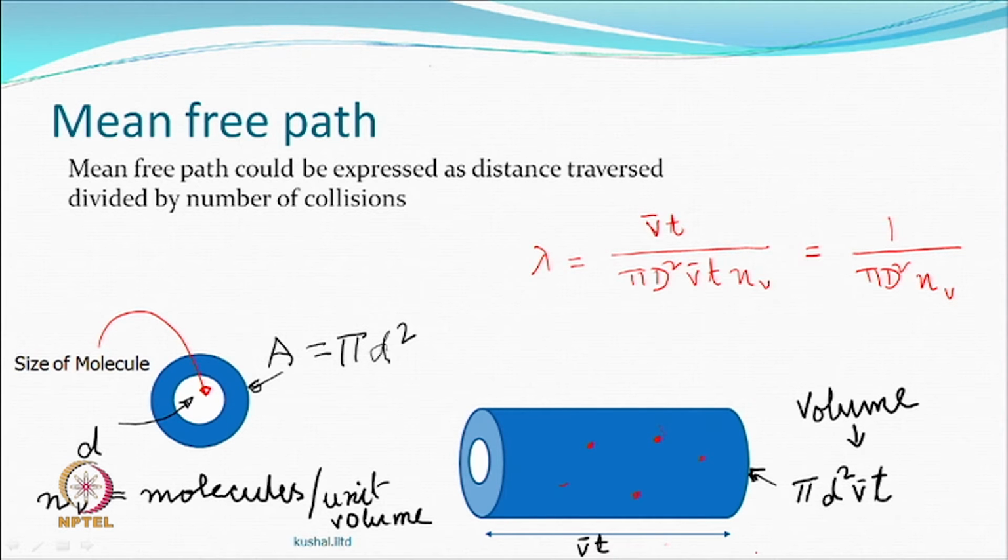So, the volume of this virtual cylinder can be pi d square v bar, where v bar is the average velocity of travel. Average means we are hoping that some molecule from one end has reached the other end, and some of them could actually go out also, right. So, whatever we are looking at, some pass through in one direction, whichever the direction, and went around.